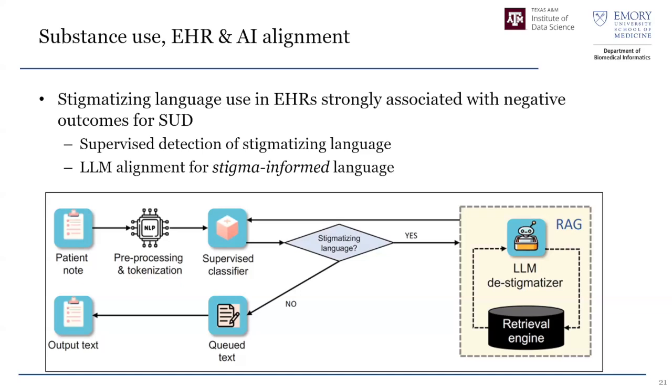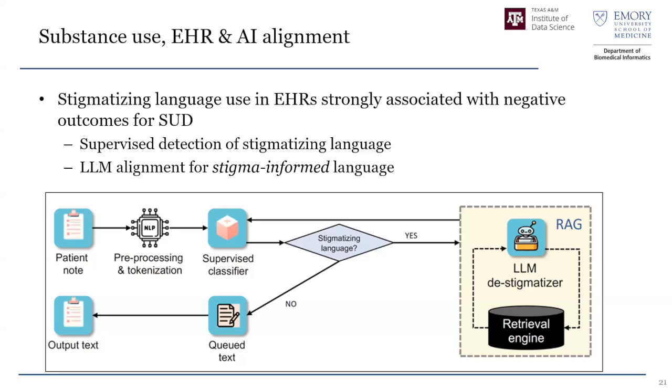So now we are working on whether, while LLMs are able to generate language fairly well, we can align them to be stigma informed so that they can generate non-stigmatizing equivalents to stigmatizing language. We're working on a framework where we have a supervised classifier that uses one of those traditional encoder-only models like BERT, which can be fine-tuned to be very accurate in stigma detection.